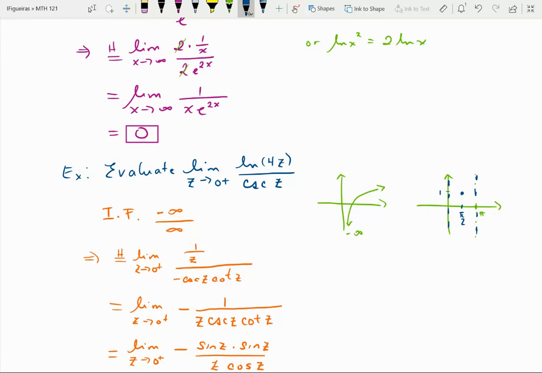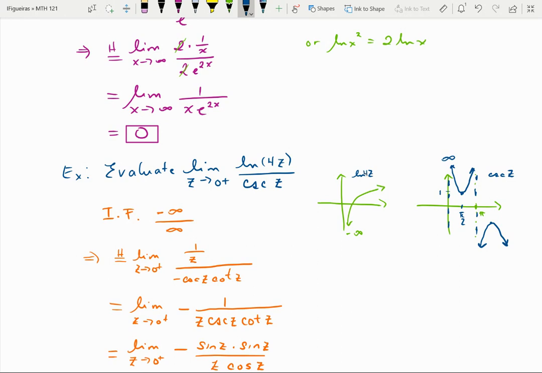Hopefully you remember these graphs. And then on this side, it would look like this. We don't really need that to answer this question. But as z approaches 0 from the right, you can see that cosecant of z is approaching infinity, which is why you have negative infinity over infinity.